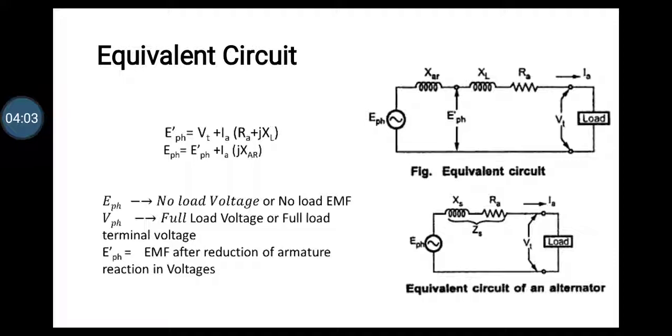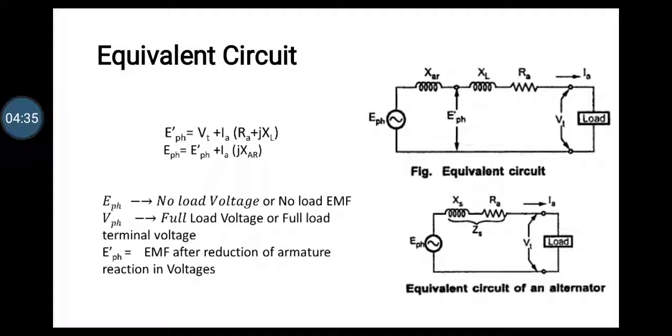So we'll see the equivalent circuit now. You can see E phase, that is nothing but the EMF generated, the no load voltage or no load EMF. XAR is the armature reaction reactance, XL is the leakage reactance, and Ra is the resistance of the armature.